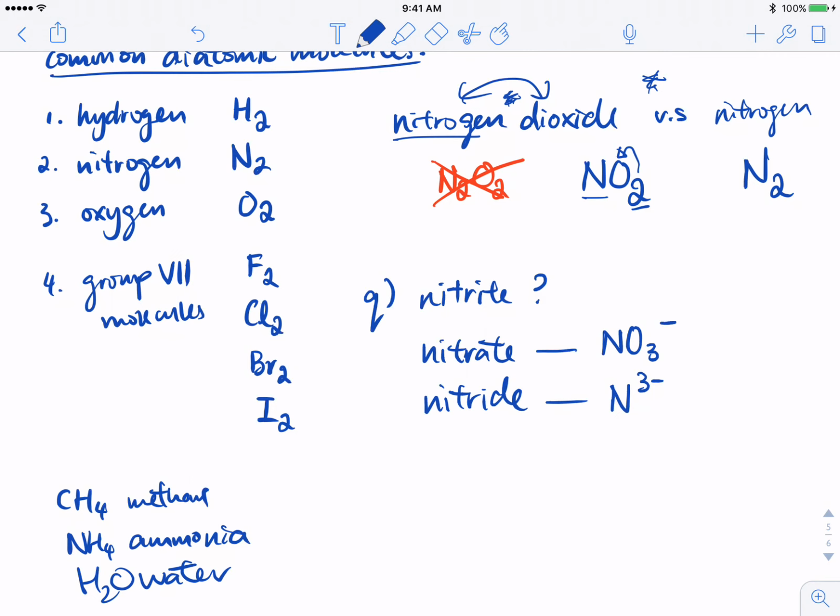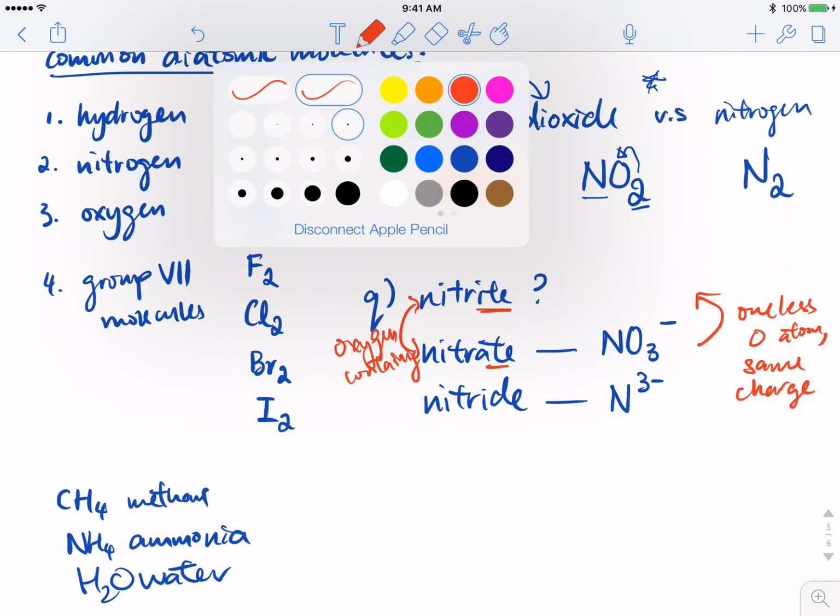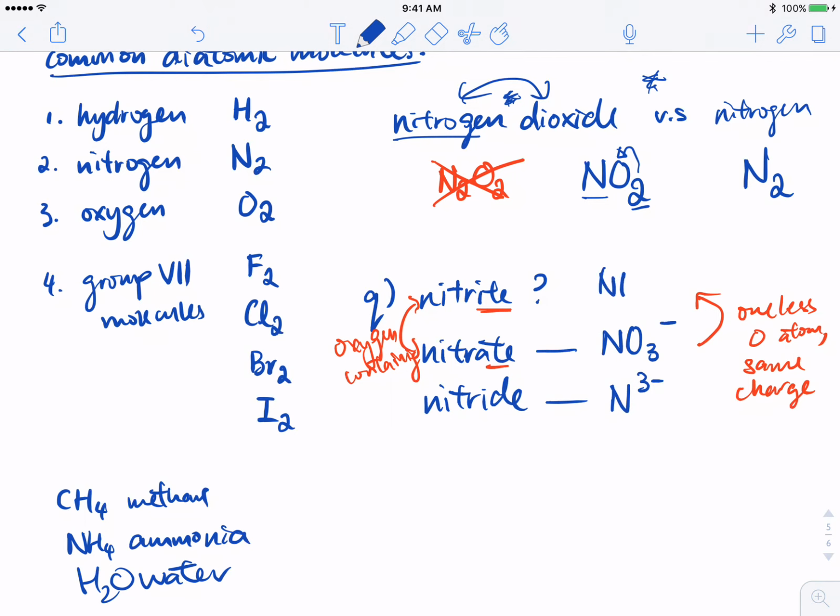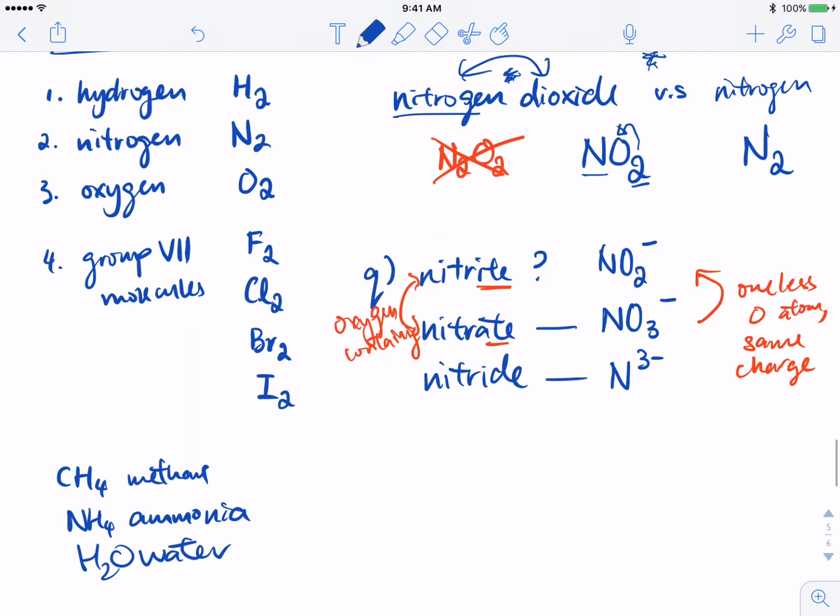So what is nitrite? If a name ends with ATE, it means it is oxygen containing. But if it ends with ITE, there is one less oxygen atom, same charge. So nitrite ion is NO2 minus.